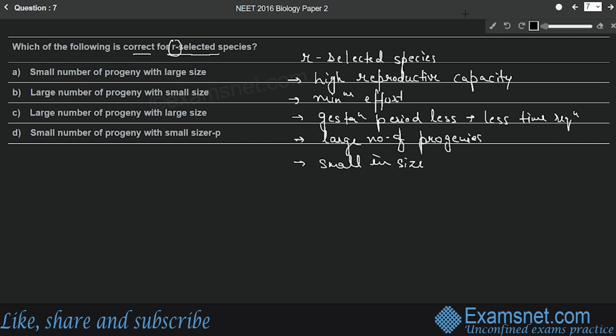So the correct option will be option number B, that our selected species have a large number of progeny with small size.